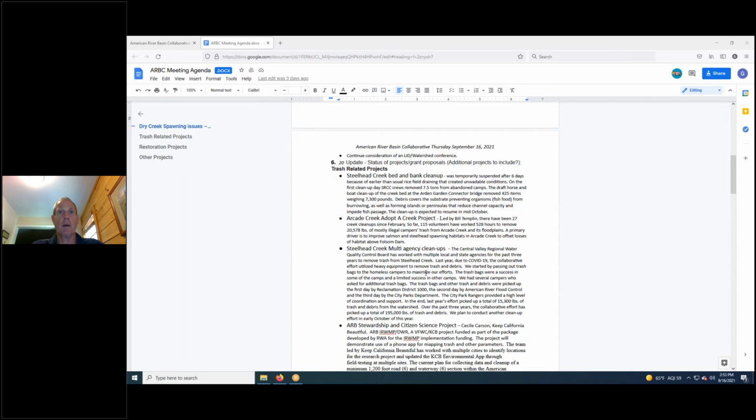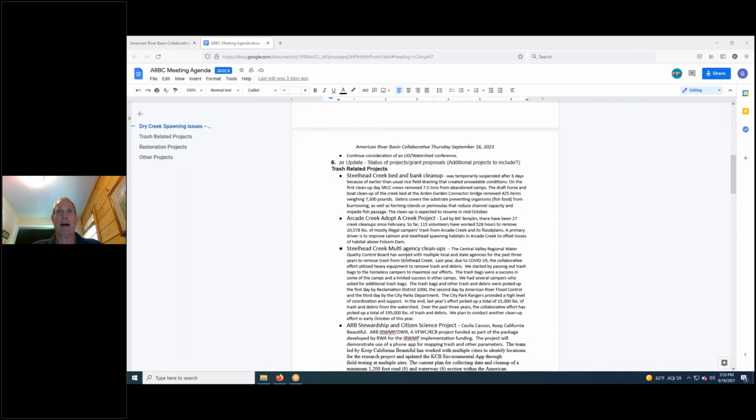One of the things I wanted to mention for Steelhead is that last year, after the cleanup, our American River Flood Control came in and removed another big barrier that Dr. Brady identified during the cleanup. It was a debris dam of a lot of wood and other stuff, probably creating fish passage issues, but other things too.